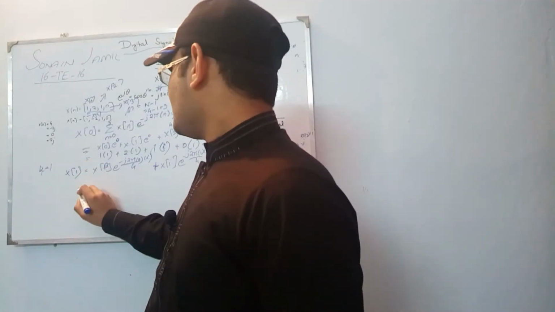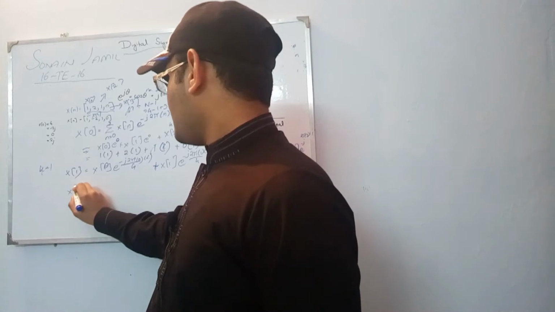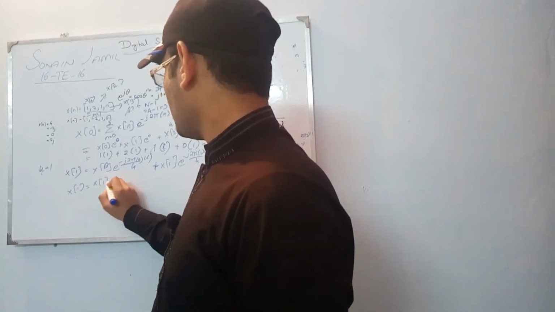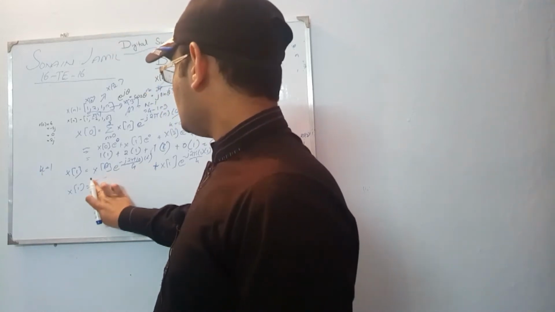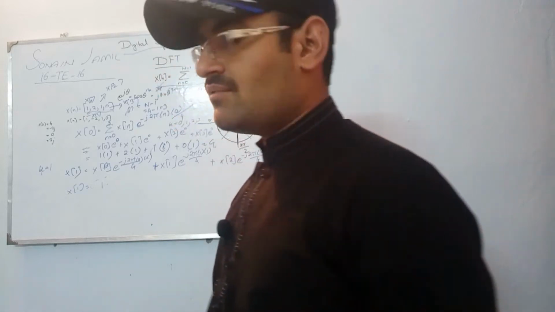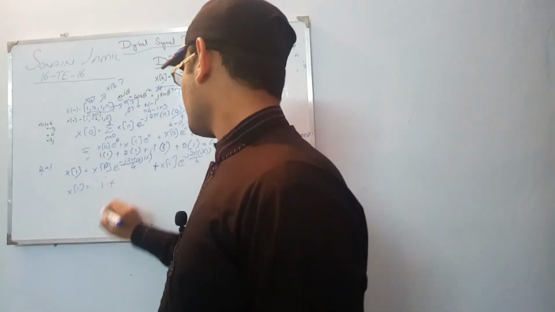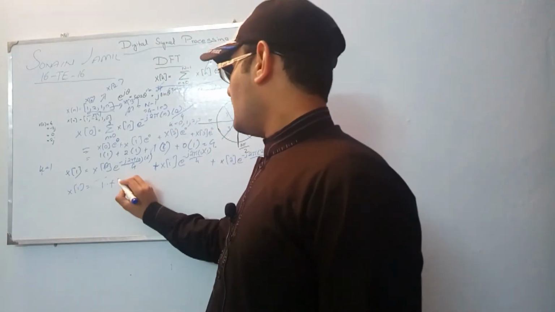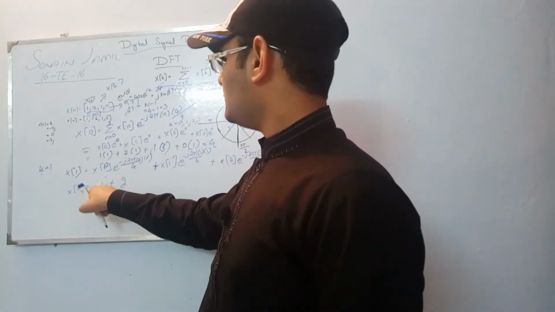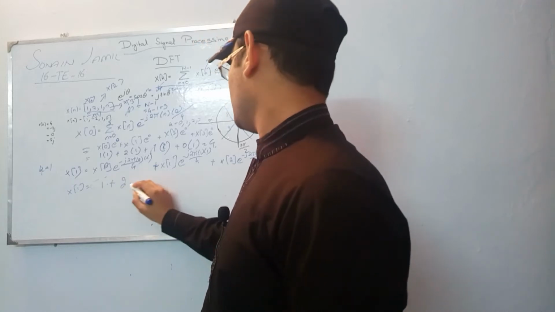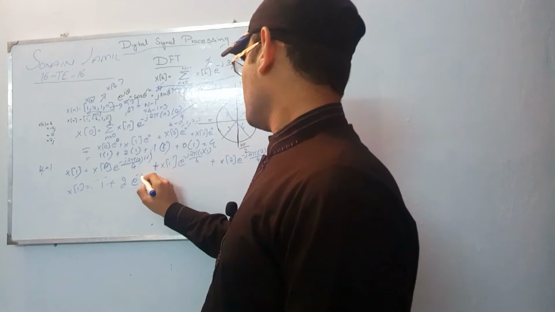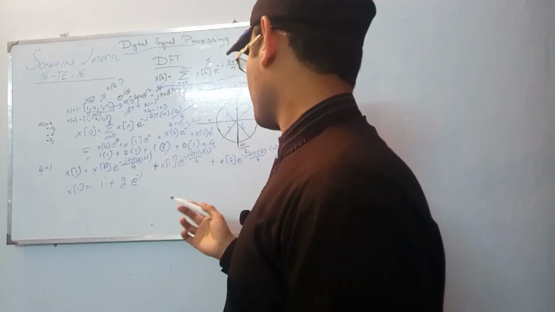So what turns out to be X of 1: x of 0 into e power 0. E power 0 is 1, so just write x of 0 plus x of 1, 2 into e power minus j pi.